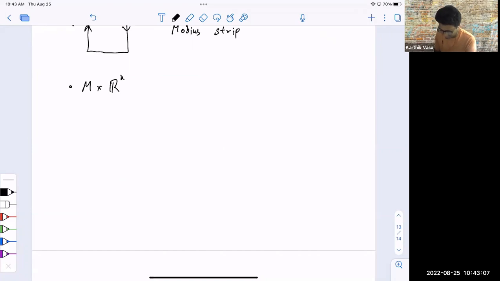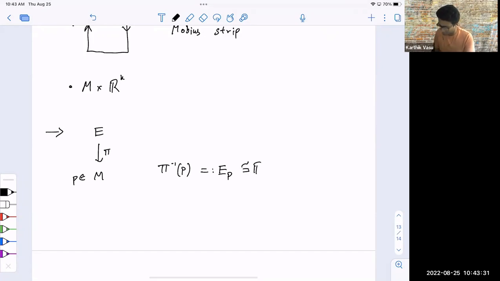And in general, if you have a vector bundle E, there is a projection map down to the manifold, which will be called pi. If you take any point P here and look at the inverse image of P, this will be called E_P. E_P will be a vector space isomorphic to some k-dimensional R^k.